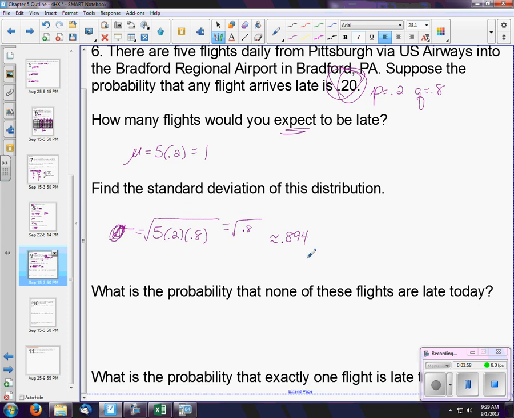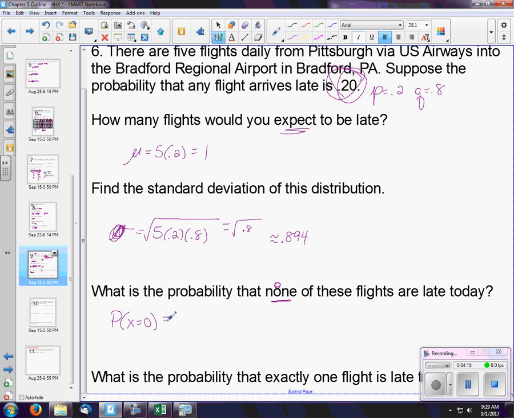Now, if instead you wanted to find out the probability of a certain situation occurring, so for example, what is the probability that none of these flights are late? This is where the formula for P of x comes in. This is asking us to find the probability when x is equal to 0, in other words, none, that means 0 flights are late here.